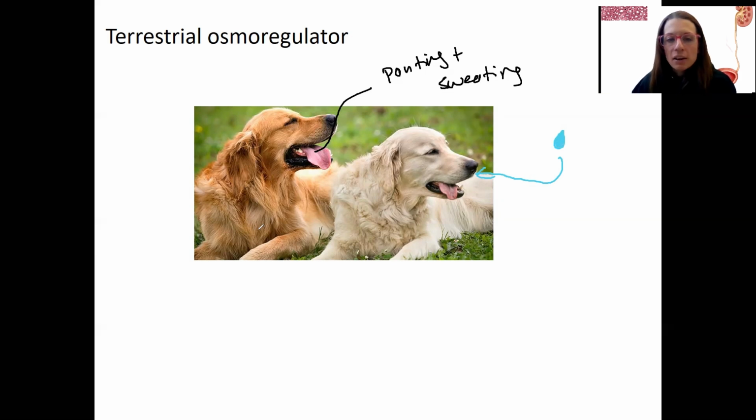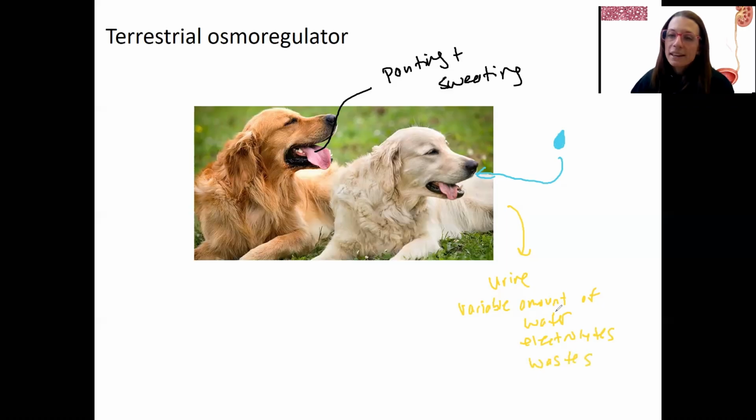That means we have to produce a urine that is variable in its osmolarity. So urine is going to contain variable amounts of water, electrolytes, and wastes.